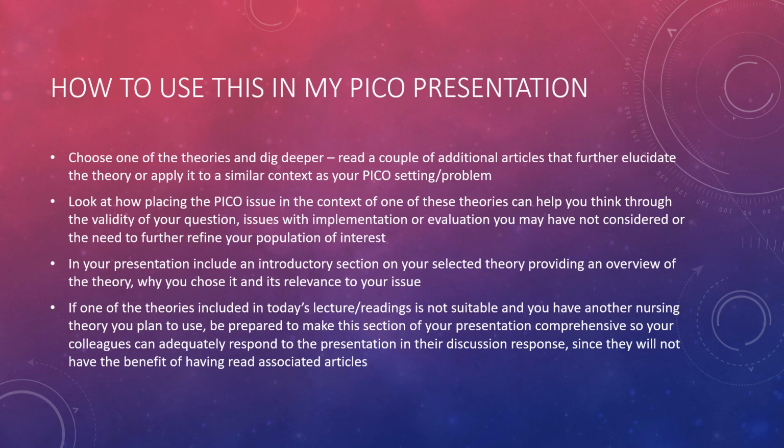So if you miss some aspect of it as you're describing the central tenets of the theory, they can sort of fall back on their prior knowledge because they read an article about it. But if you're introducing a theory, you can't expect them to read an article about a theory that wasn't one of our assigned articles.